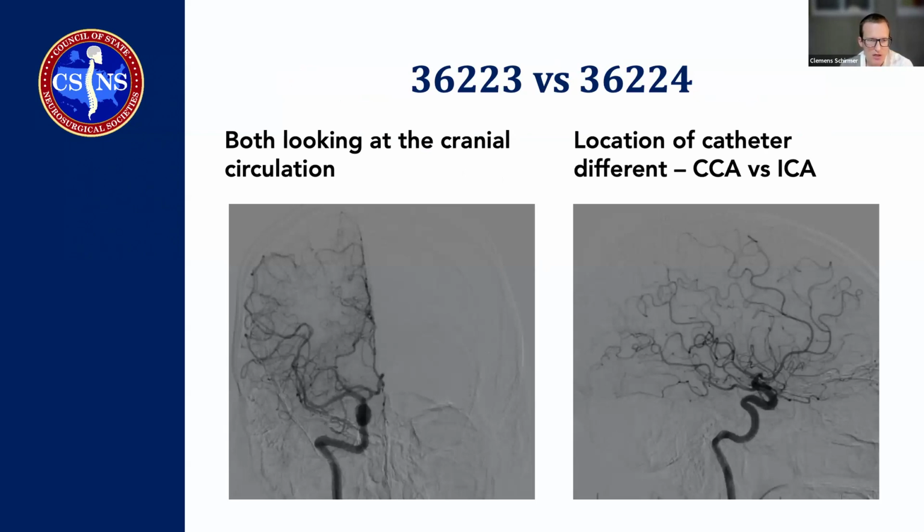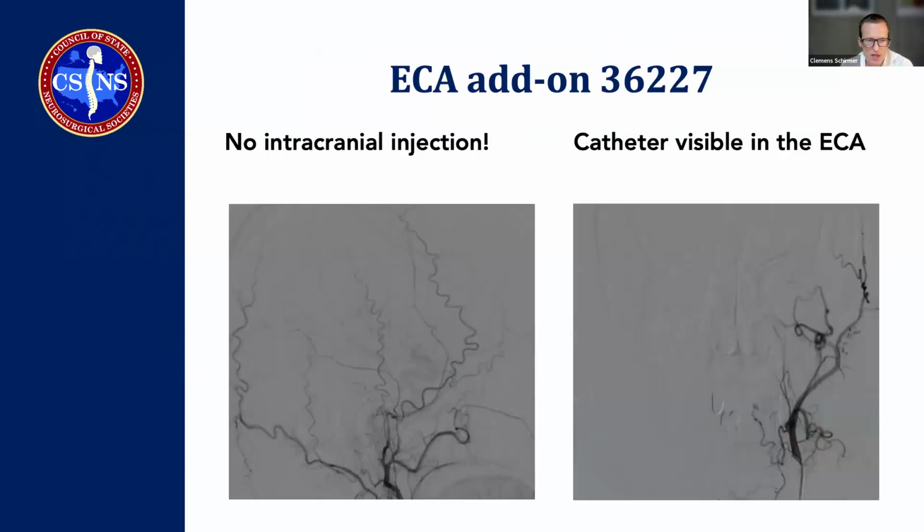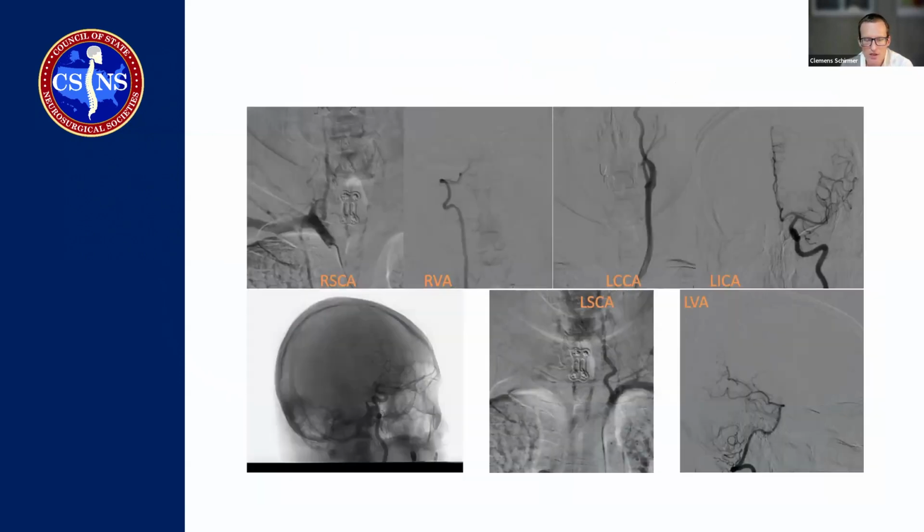If you place your catheter in the common carotid artery, for example, versus the internal carotid artery, that's a different code, even though you may be looking at the intracranial circulation either way. Same thing goes if you do a 3D reconstruction, you can add that on. Extracranial circulation has a separate code, but you need to make sure that you're actually placing the catheter in those.